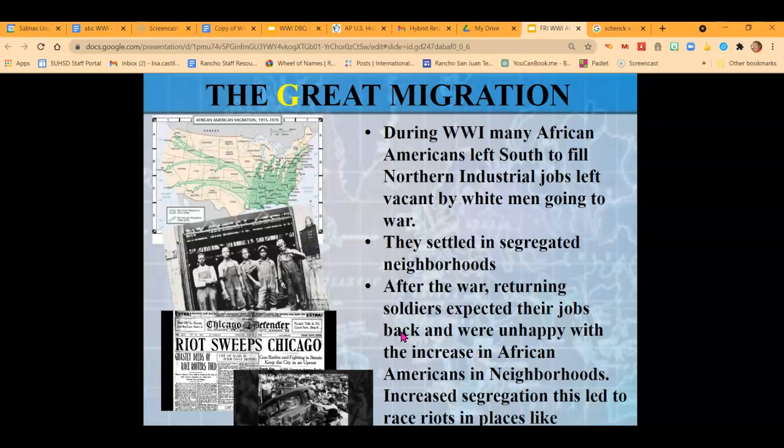But what they find is a whole lot more African Americans in neighborhoods that had been predominantly white. And now they are competing with a whole other group of people for a limited amount of jobs. And that's going to cause increased racial tensions in cities all across America. But we're talking about Chicago as our example.